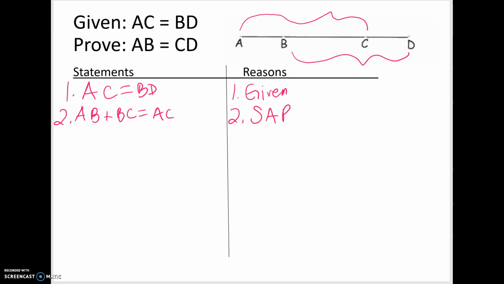So last slide we used our angle addition postulate. This time it's segment addition postulate. And we're going to use that same reason for part BD. So what parts make up BD? So I've got BC plus CD equals BD.